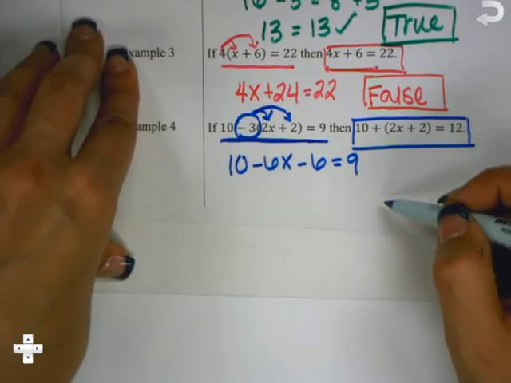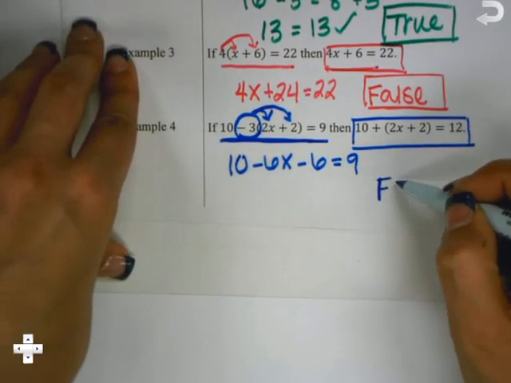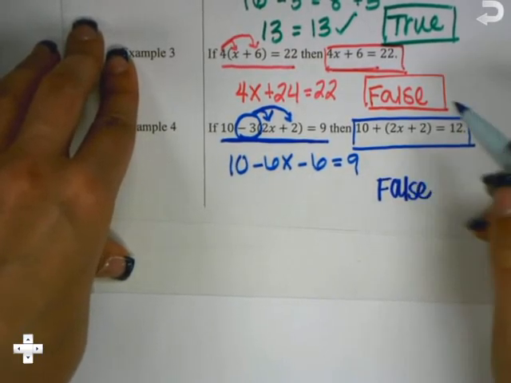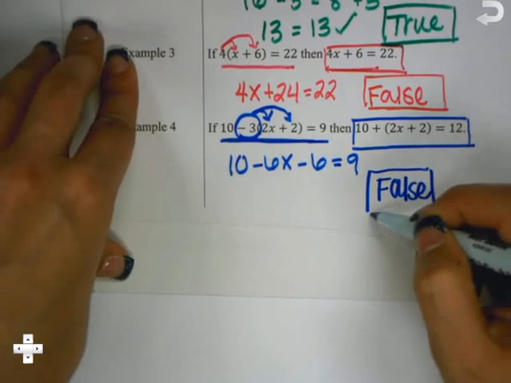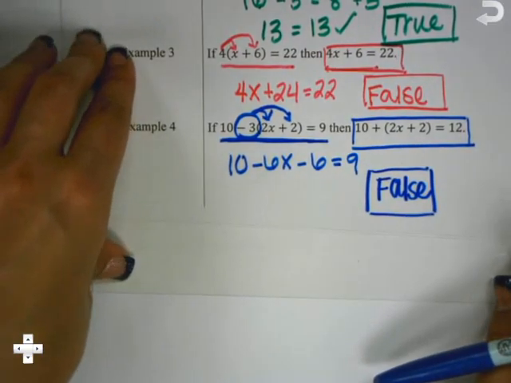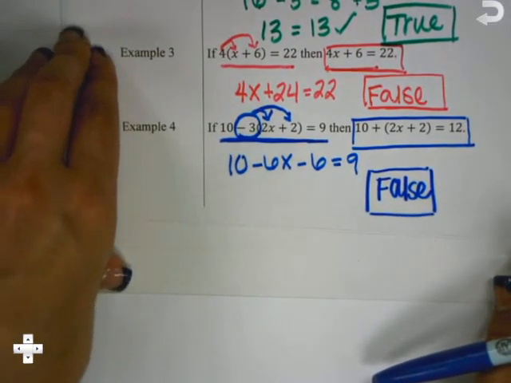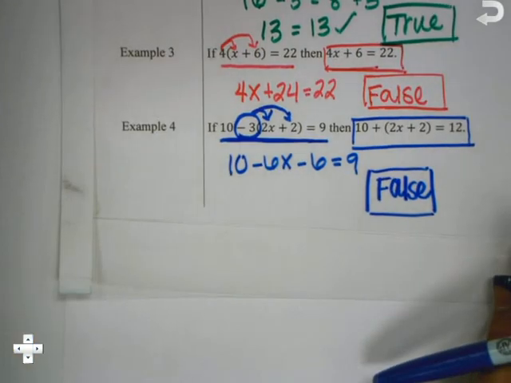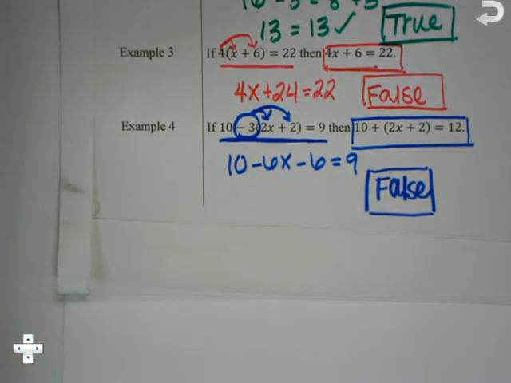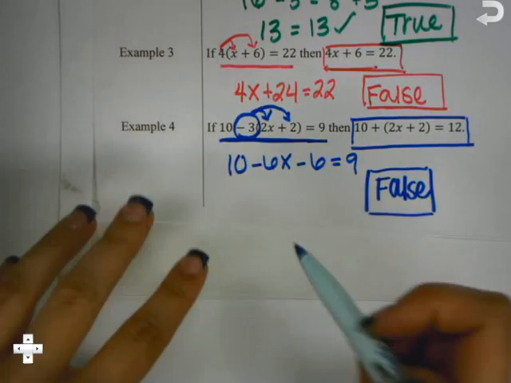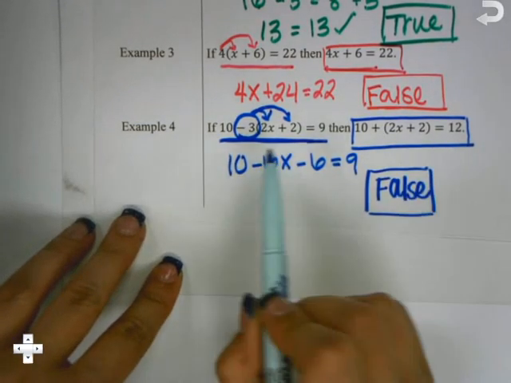False. What did they do wrong? Everything. Okay, so what did they do wrong here? They added 3 to both sides when they should have multiplied. So that was the incorrect step.